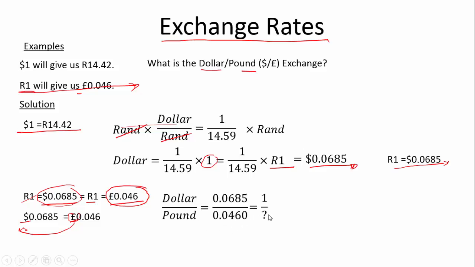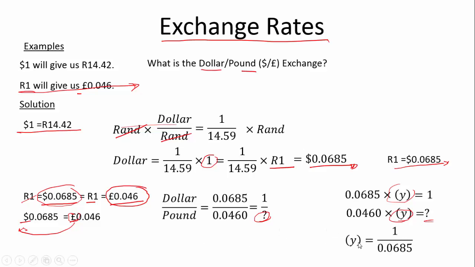We want to make this 1 over a question mark, right? So we got 0.0685 times a certain number y will give us 1. And we know that then that 0.046 times that ratio y, or the number y, will give us our answer, question mark. So y is simply equal to 1 over 0.0685. We simply did it on this equation.